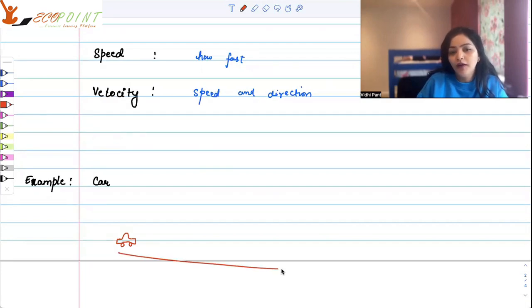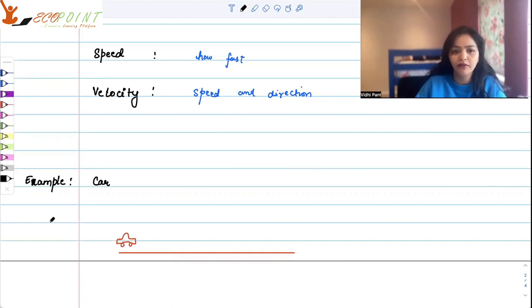So a car moves in one particular direction, right? For example, from one position to another position. It starts slowly. So it's slow here, speeds up here, and then again it is slow.